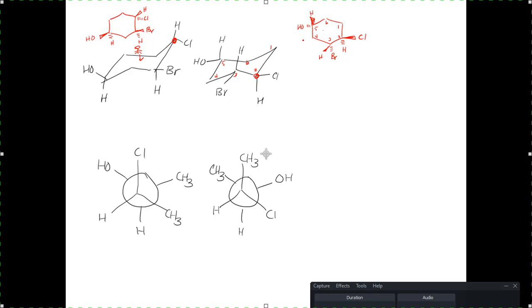So now I have to compare the carbons. And if you notice for this molecule, all I need to do is rotate this so that carbon 2 now comes up here. That means that carbon 3 would move over to this position.